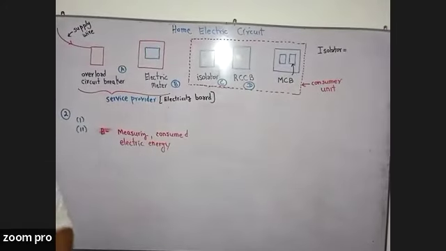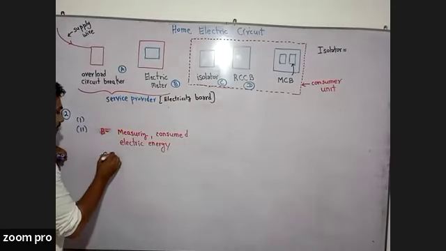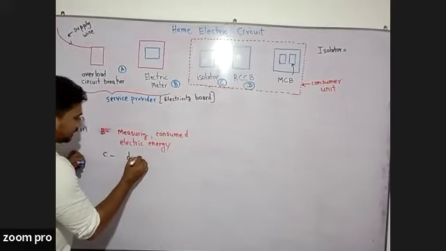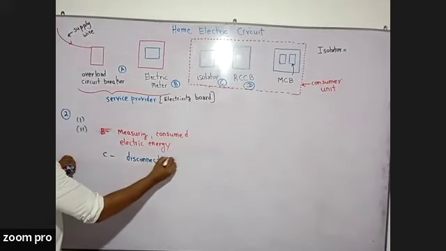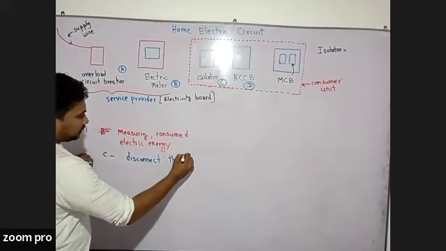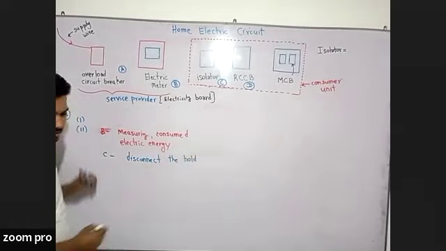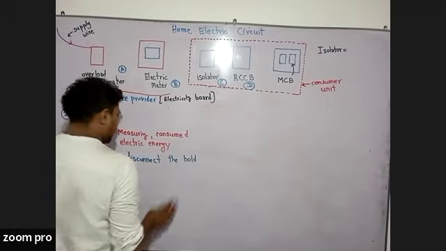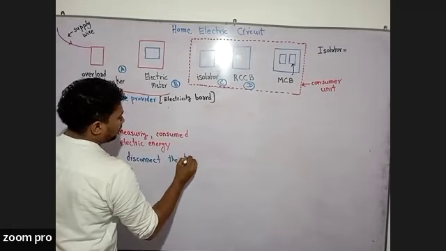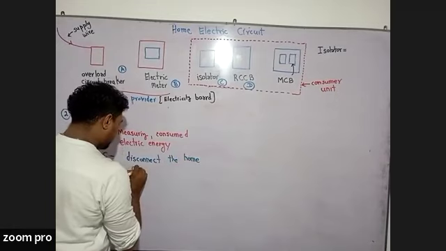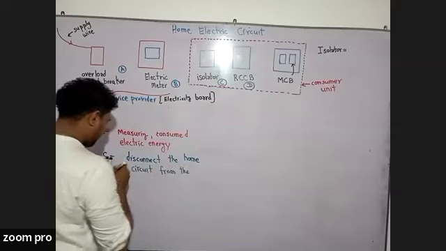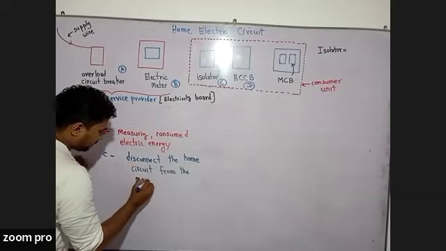So the C part, it is the isolator. As I mentioned earlier, the isolator can be used to disconnect the home circuit from the main grid.